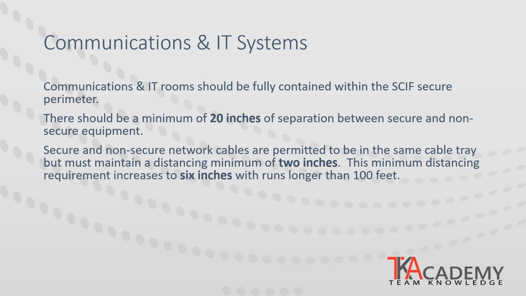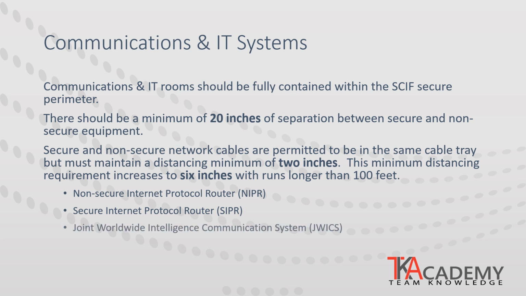There are 3 typical network systems employed within a skiff. Non-Secure Internet Protocol Router, or NIPR, is referred to as the Black Communication System. The Secure Internet Protocol Router, or SIPR, is referred to as the Red Communications. The third, which is less common, is the Joint Worldwide Intelligence Communication System, also known as JWICS.